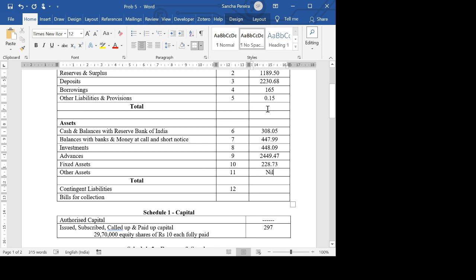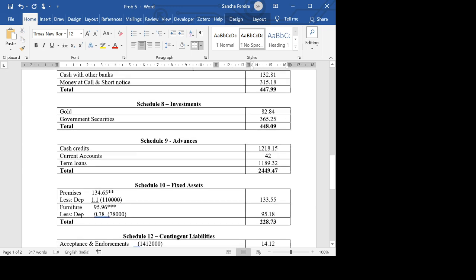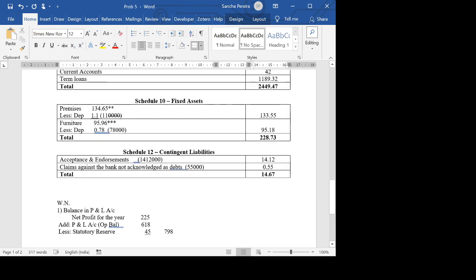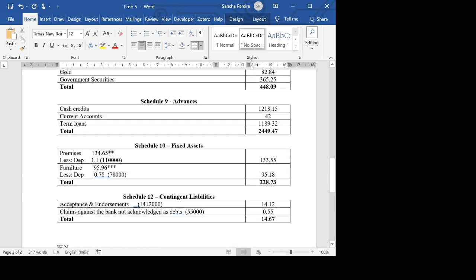Now you can total this. The total of both sides is 382.33. You can check. Anyone who's solving with me can check. Okay. Contingent liabilities don't form part of the total, just has to be mentioned. 14.67.